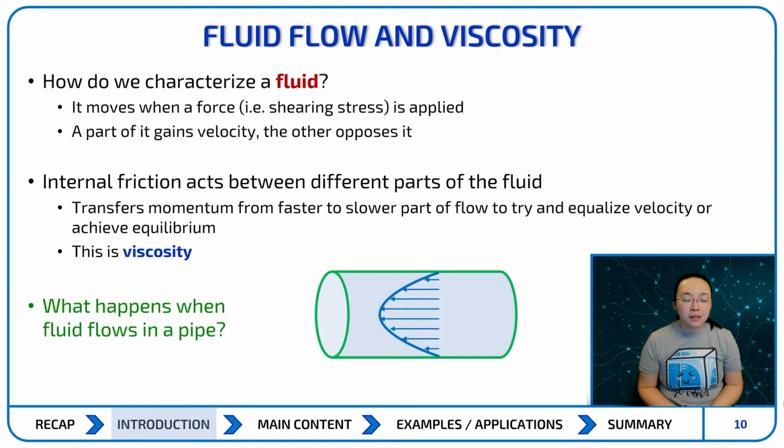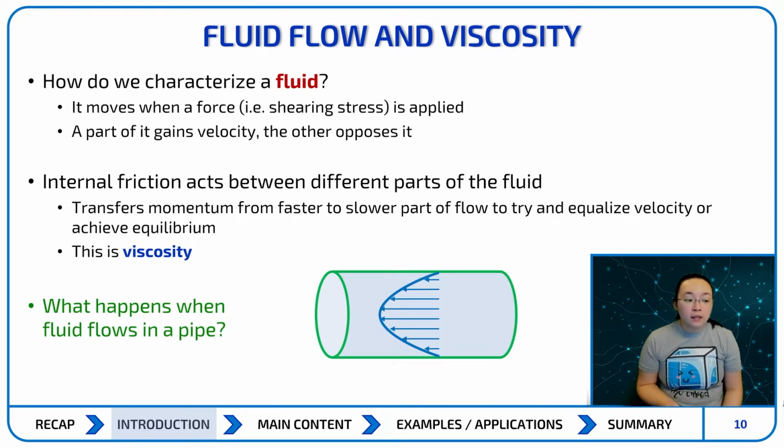What's happening is it's going to transfer momentum from faster to slower parts of your flow to try and equalize your velocity or to try and achieve equilibrium. And so this is called viscosity. Viscosity is essentially a measure of how much effort is required in order to move two layers of a fluid. So the more viscous a fluid is, the harder it is to get it to move.